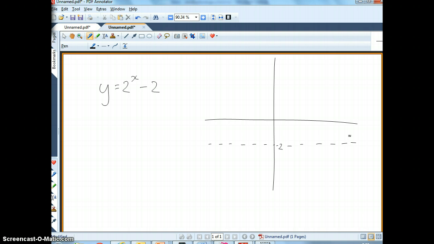It's going to asymptote with that line y equals minus 2. Where's it going to cut the y-axis? Minus 1. I heard someone say it, well done.